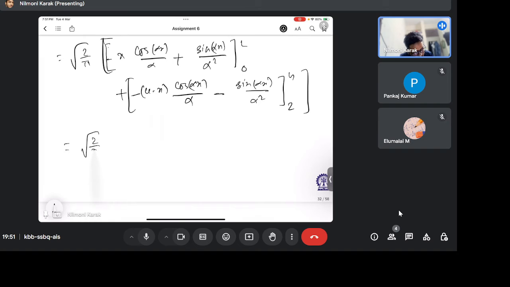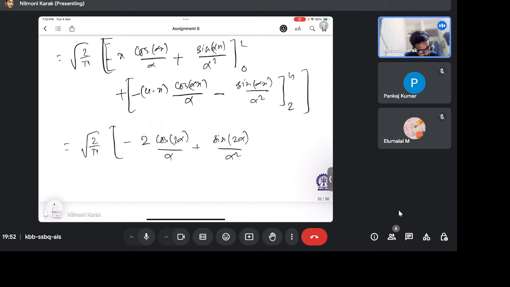Root 2 by pi, and if you put the upper limit, you will have minus 2 cos 2 alpha by alpha and plus sine 2 alpha by alpha square, and for the lower limit, both are 0.